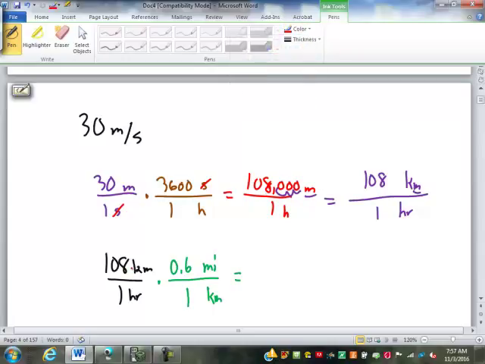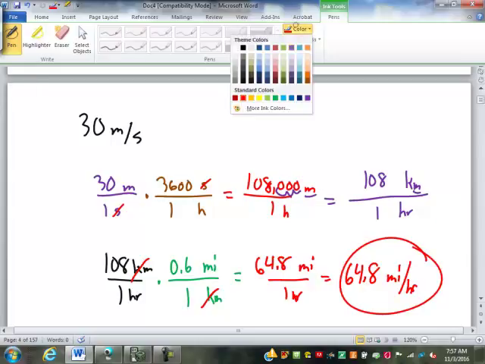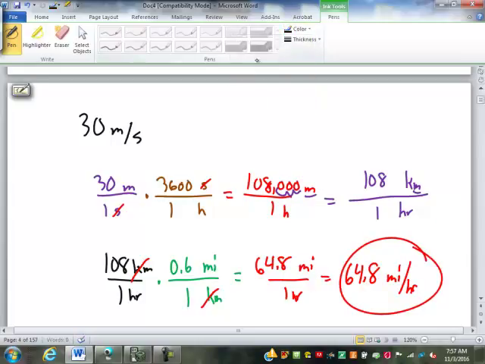Kilometers cross cancel. 108 times 0.6 is what? 64.8 miles per hour. So just a little bit faster than my 90 feet per second, but still probably doable. That one might be stretching it a bit.